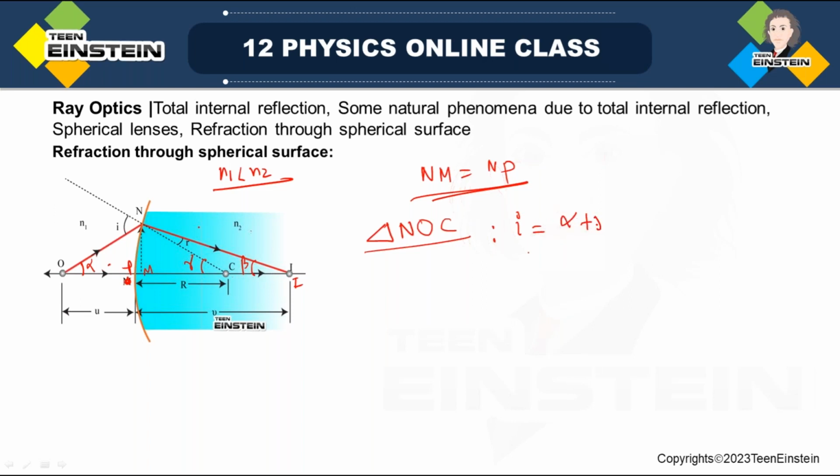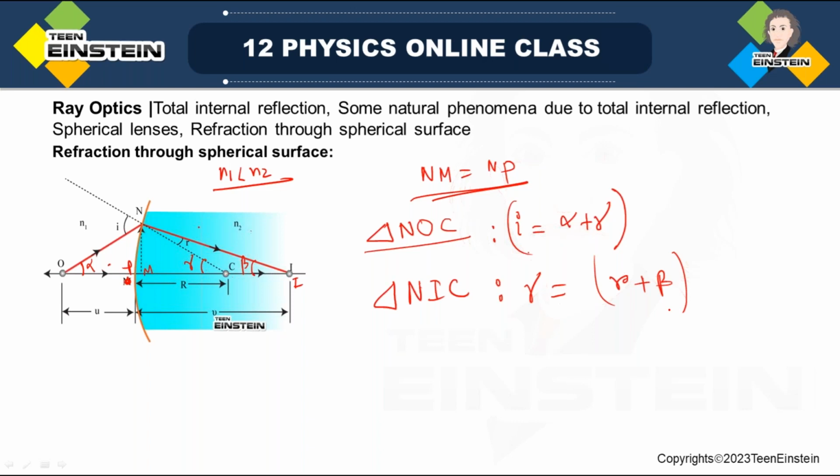Similarly, if I take another triangle NIC, gamma will be the exterior angle, so it will be the sum of R plus beta.